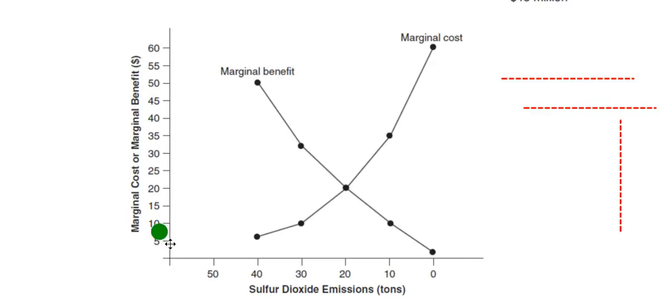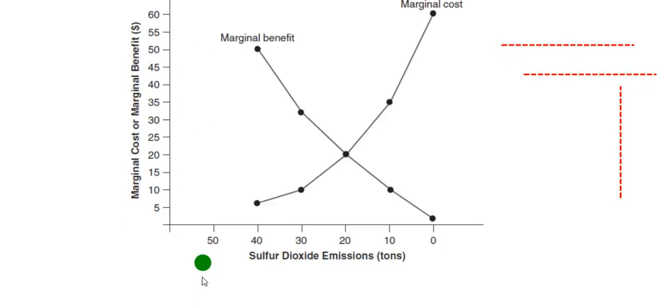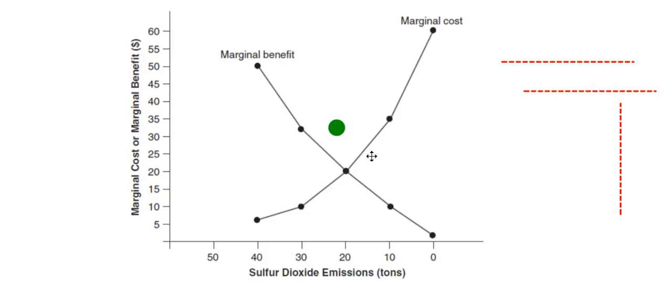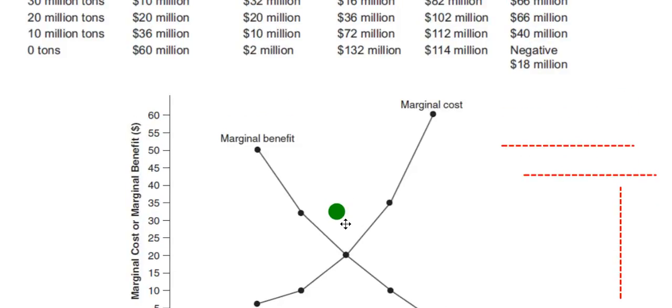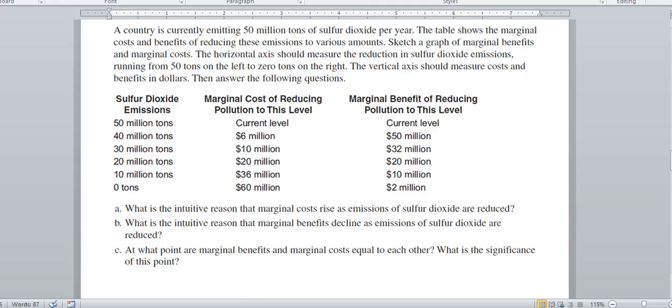We want to have our marginal cost or benefits on the vertical axis, and we want to have our emissions starting at the high level and moving to the right down to 0 on our horizontal axis. And you just want to graph our marginal numbers from the table that you're given in the homework, which is right here.